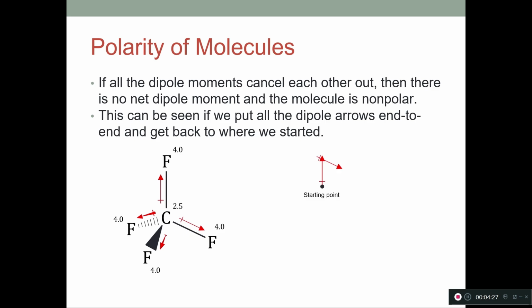We can put the next one starting at the tip of the other one going that way, then this one going that way, and then this one going that way. And it looks like we just end up right back where we started, so there was no net change here, and that means that there is no net dipole in this molecule. So even though each bond is polar, we saw earlier that they have 1.5 difference in the electronegativity. Because they all cancel each other out, there is no net dipole in this molecule.